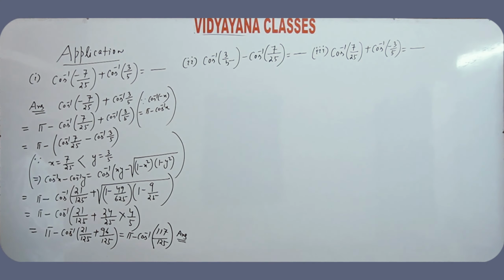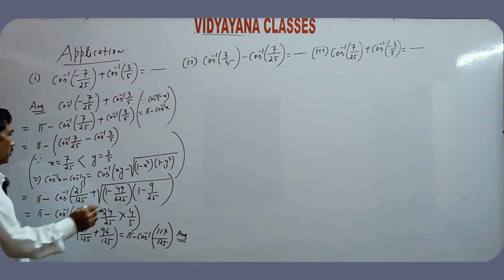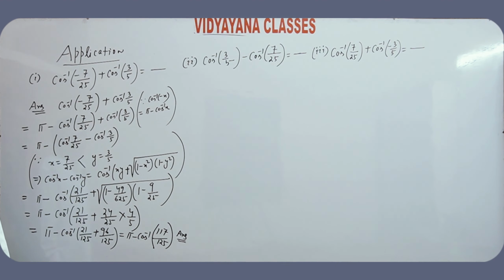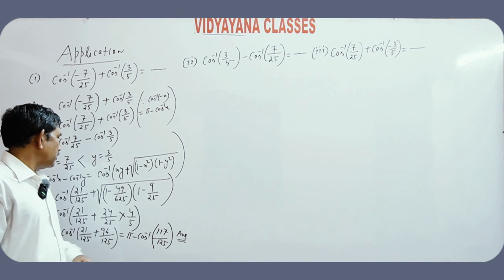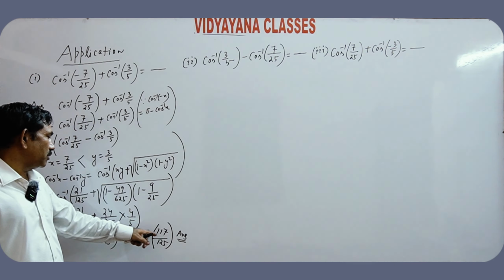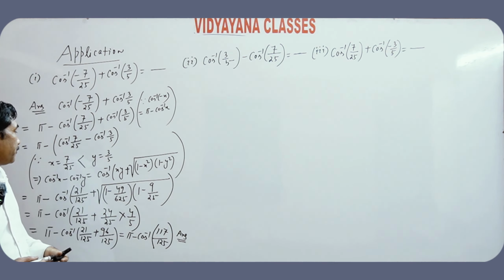Since x is less than y, cos inverse x minus cos inverse y is equal to cos inverse xy plus root of 1 minus x square into 1 minus y square, which gives pi minus cos inverse 117 divided by 125.